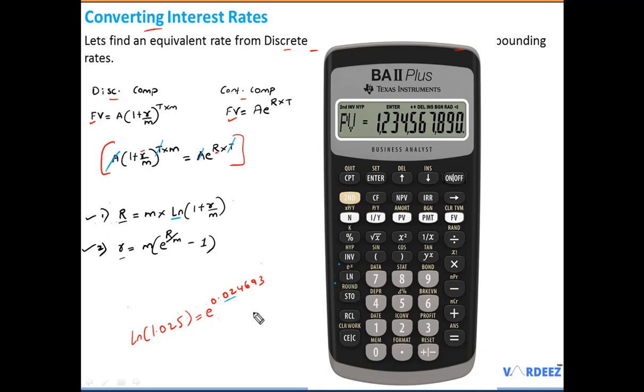And if you take this 0.024693 and then press second and e to the power x, then you will get this as the answer. So I can say that e is the base of this log, and that is why we've taken this log over here, just as a replacement of this e. So don't get confused.